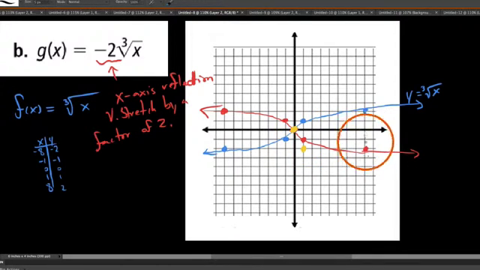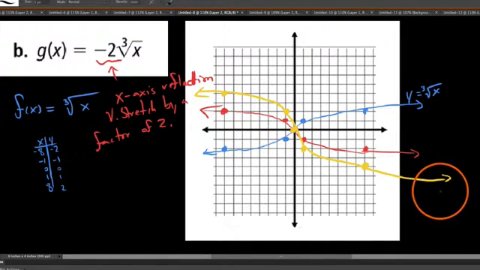This is 2 below the x-axis, now it's 4 below. So we shift these twice as far away as well. And we can see that we get our finally transformed cubic function. It was reflected over the x-axis and is vertically stretched by a factor of 2. And we would say this is negative 2 times the cube root of x.